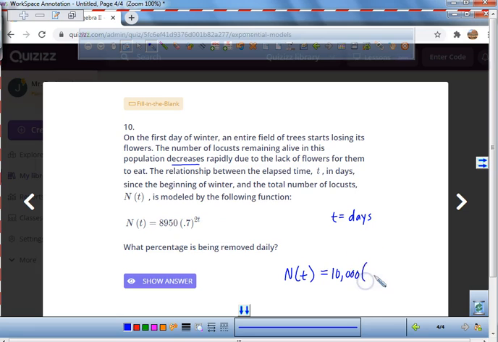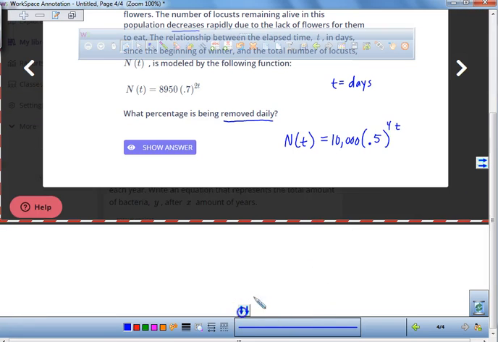And let's say my decay factor is 0.5, but instead of 2t, I'm going to put 4t. So I'm going to do a very similar problem. I'm going to answer the exact same question, except with different numbers.